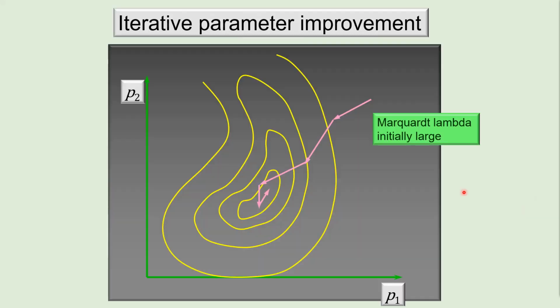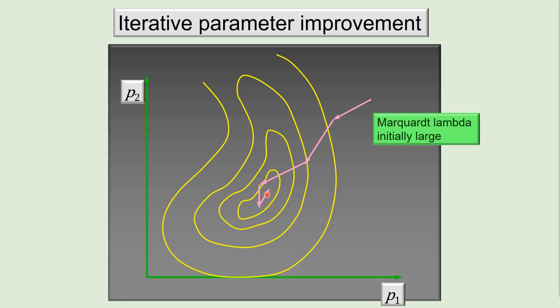And indeed, if I'm far away from the minimum of the objective function, and I have a nonlinear model, and I want to wander down this objective function terrain till I reach the minimum, when I'm a long way from that minimum, going straight downhill is optimal. However, as I approach the minimum, I want to be more sophisticated and use the equations that we've been talking about up to now without the Marquardt lambda.